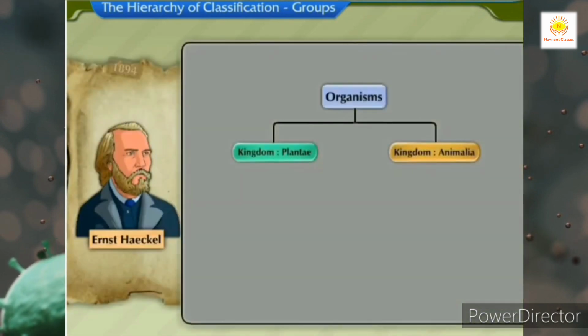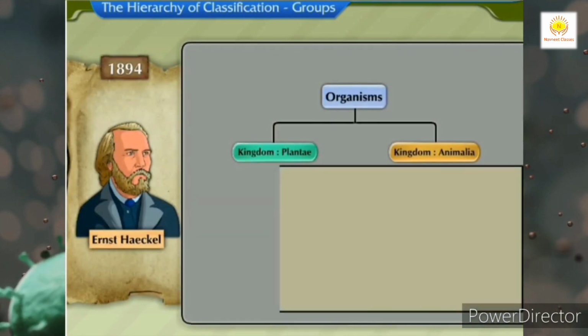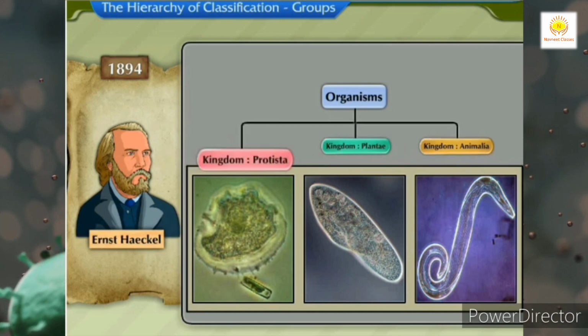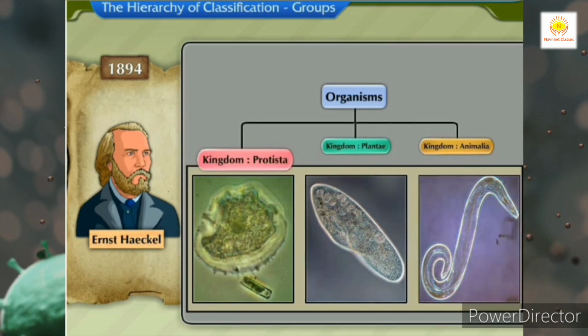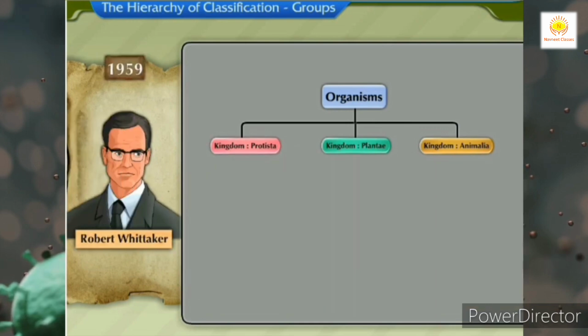Ernst Haeckel, 1894. During taxonomical studies, he indicated that certain organisms do not fit either under plant kingdom or animal kingdom. At that time, Ernst Haeckel raised a third kingdom, Protista, for unicellular organisms. Robert Whittaker, 1959.